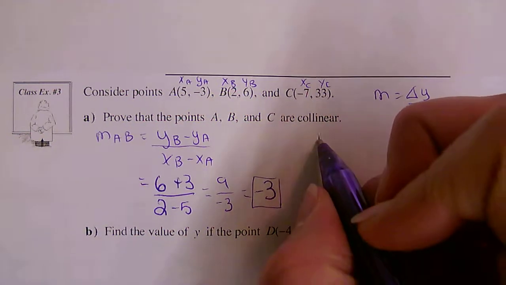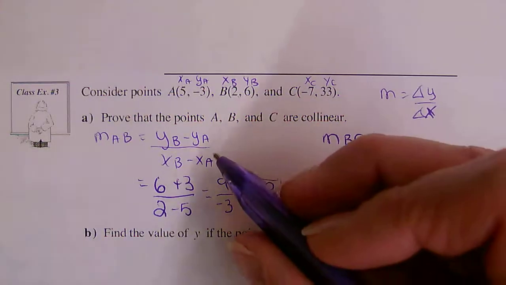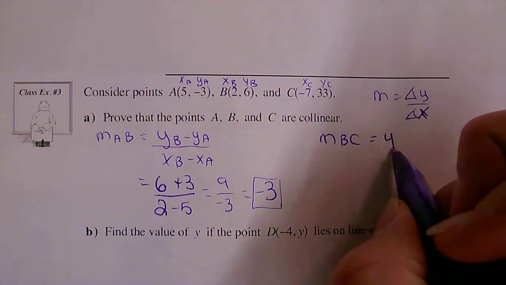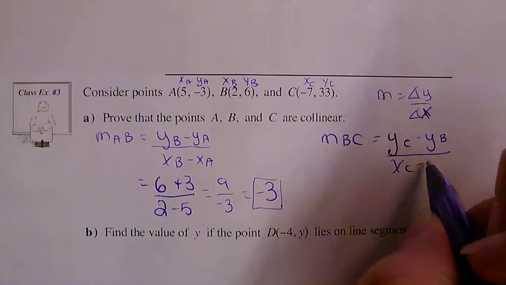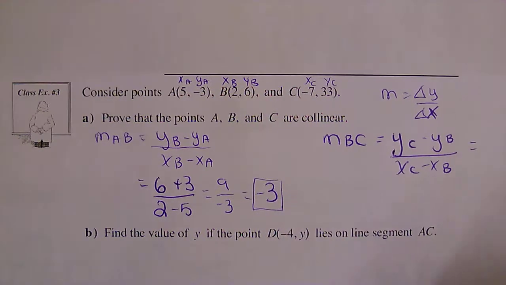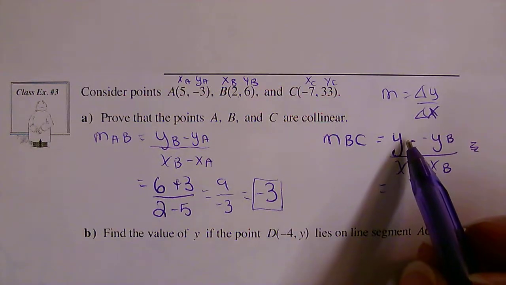Okay, so let's do the slope of B and C now. We're going to write out our formula again, and we're just going to substitute in.